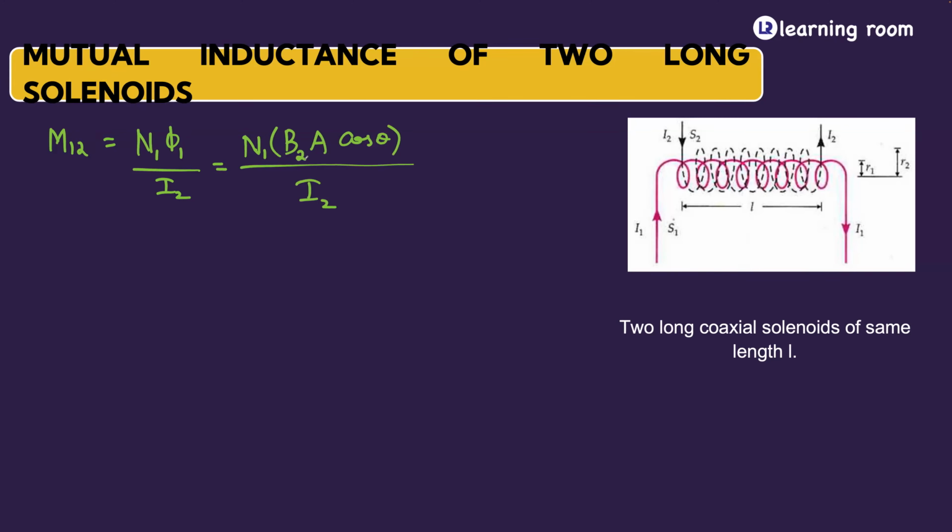So when I say that the current flowing through the second coil is I2, then B2 is going to be in this region, right? But the question is, how much is the flux that is associated with the first coil? Though the magnetic field is present outside, we know that the flux can be associated with the coil only inside it.